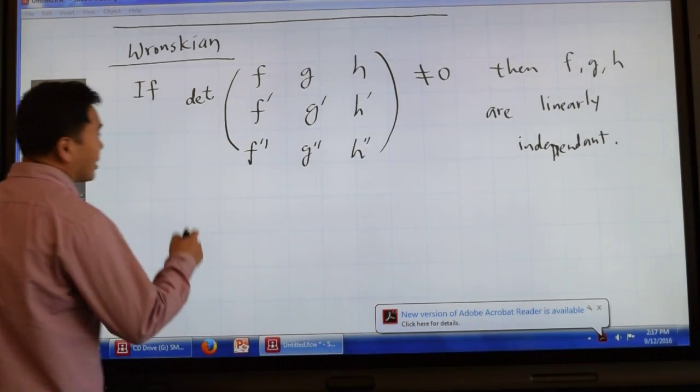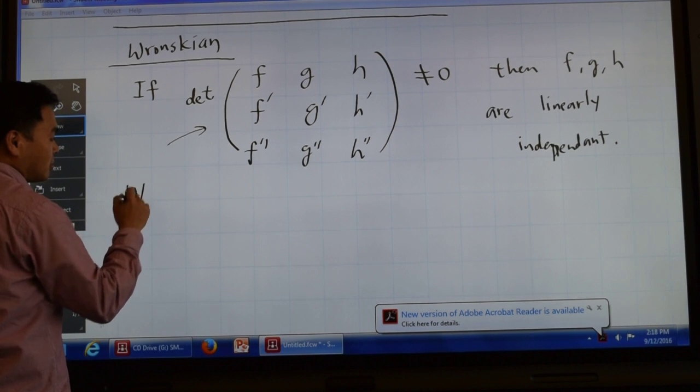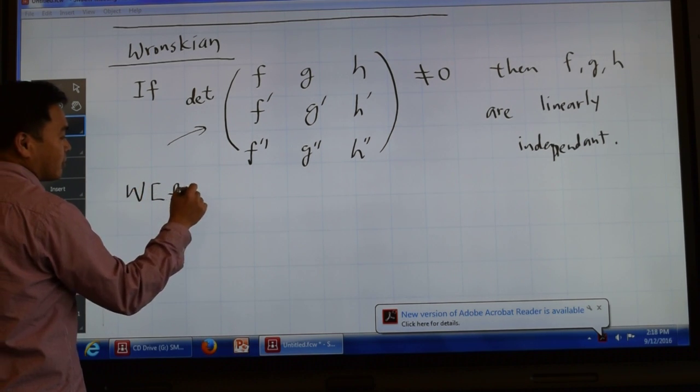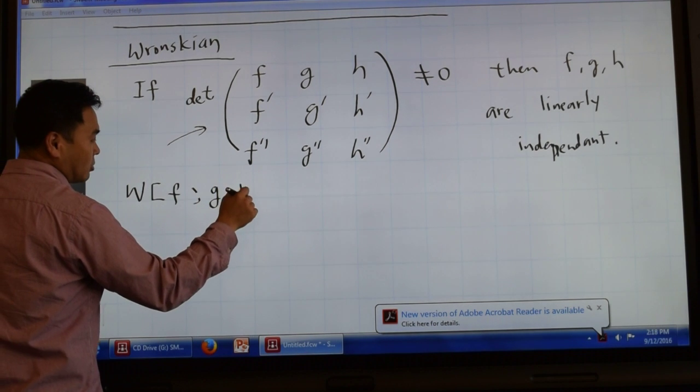And this left side is called the Wronskian of f, g, h.